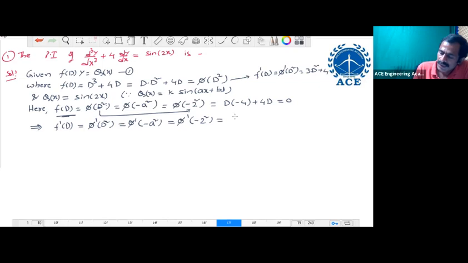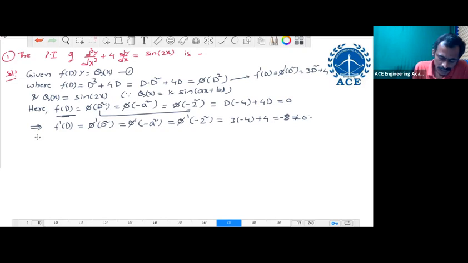Replace D square with minus 4: 3 into minus 4 plus 4, minus 12 plus 4, which is minus 8, not equal to 0. So whenever the first derivative is not equal to 0, we stop.